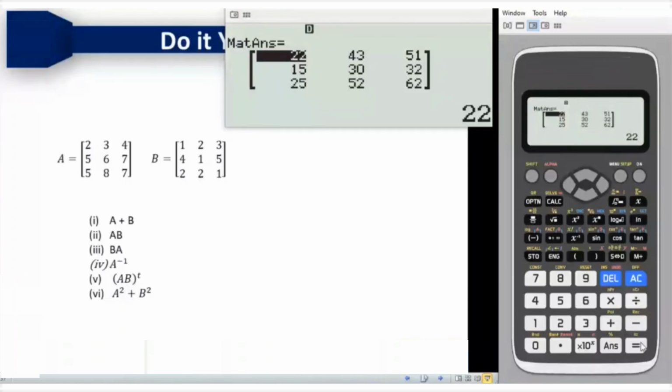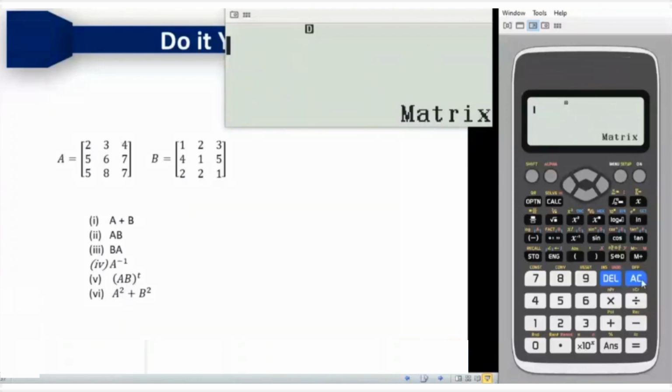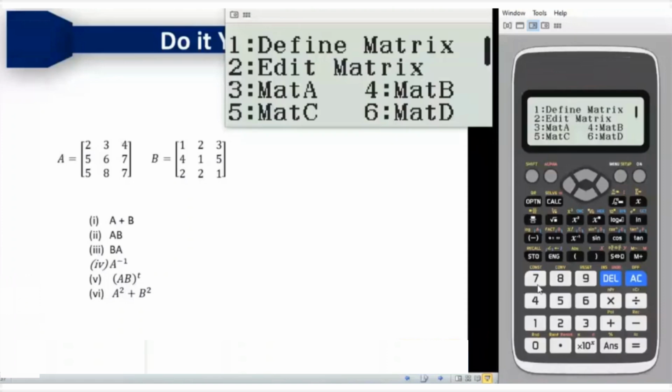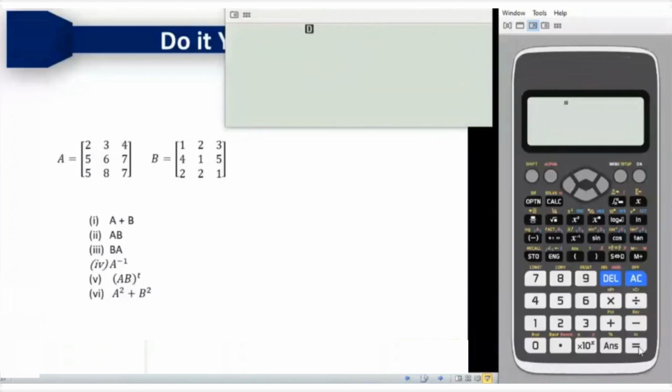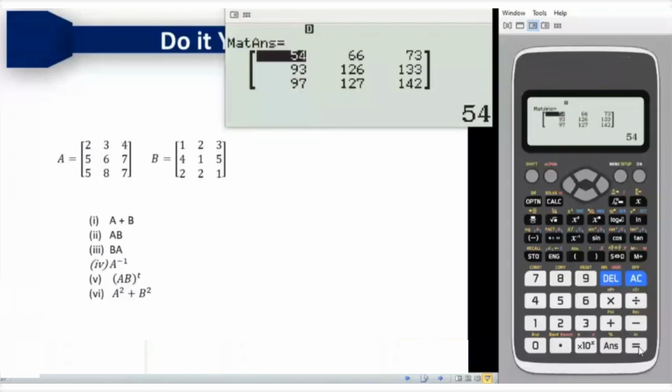All right. So the last thing is A square, that is option 3 square plus option 4 square. And the result is 54, 66, 73, 93, 126, 133, 97, 127, and 142.